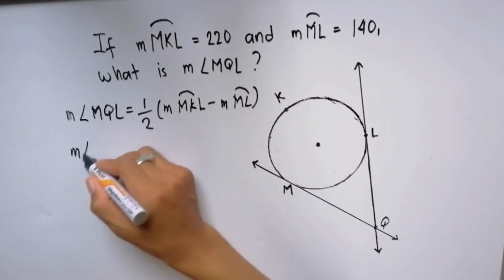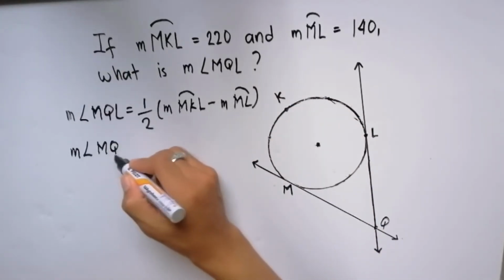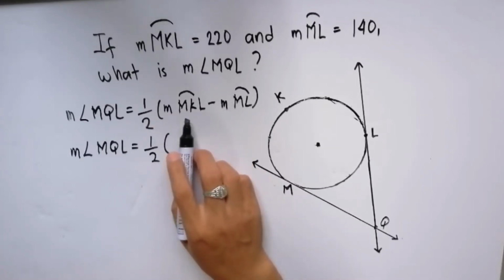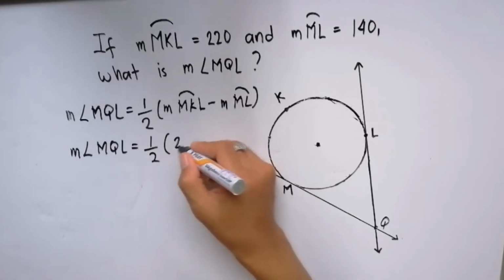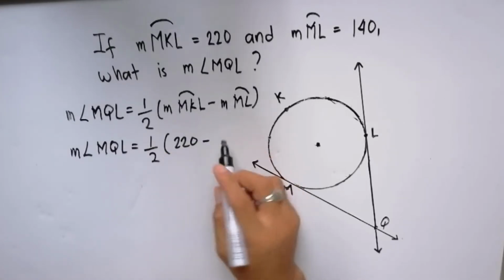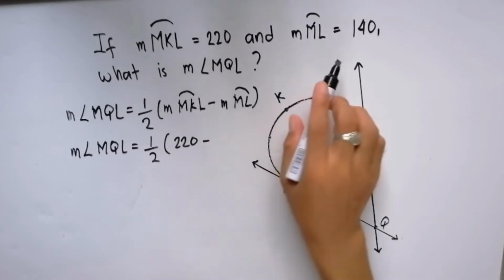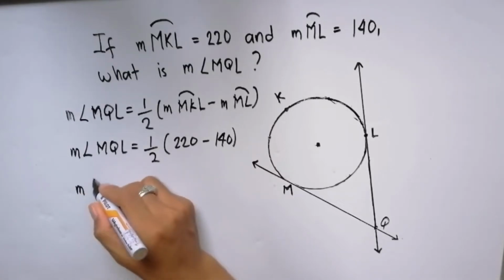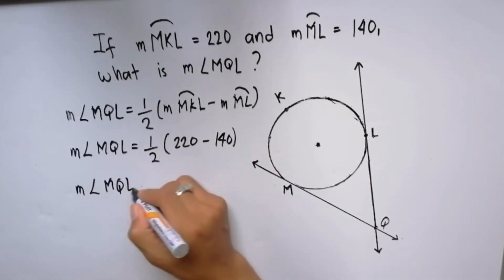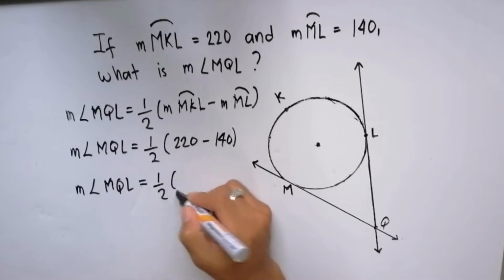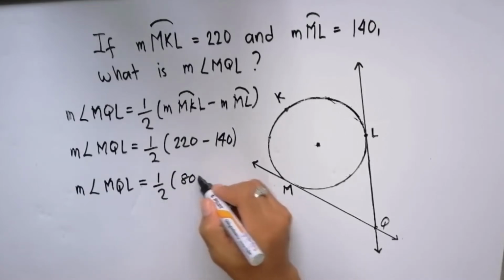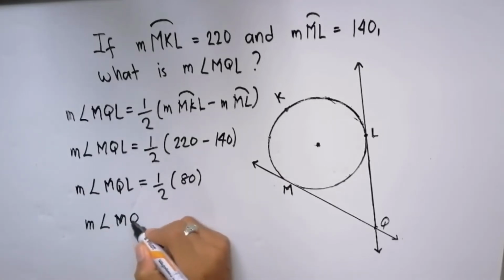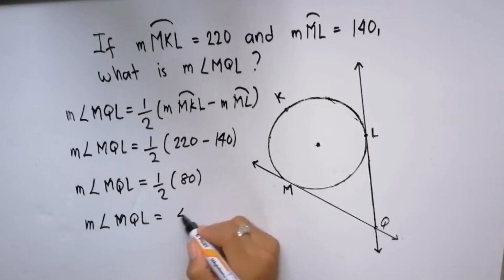Angle MQL is equal to 1/2 times the measure of arc MTL, which is 220, minus the measure of arc ML, which is 140. The measure of angle MQL is equal to 1/2 times 80. So therefore, the measure of angle MQL is equal to 40.